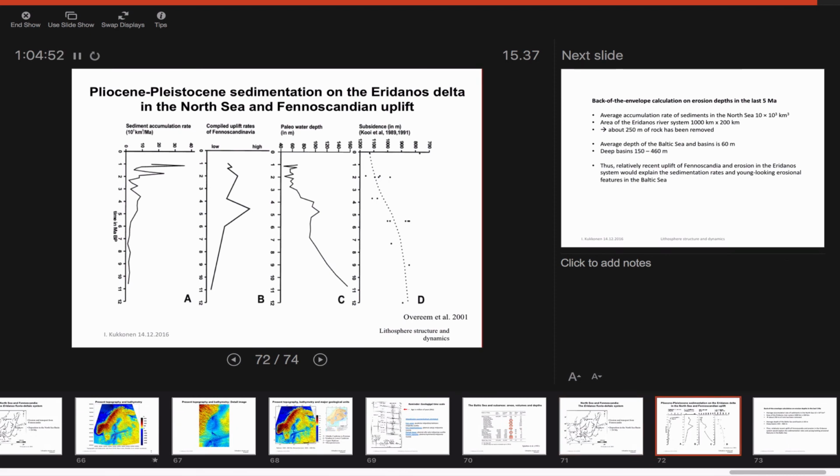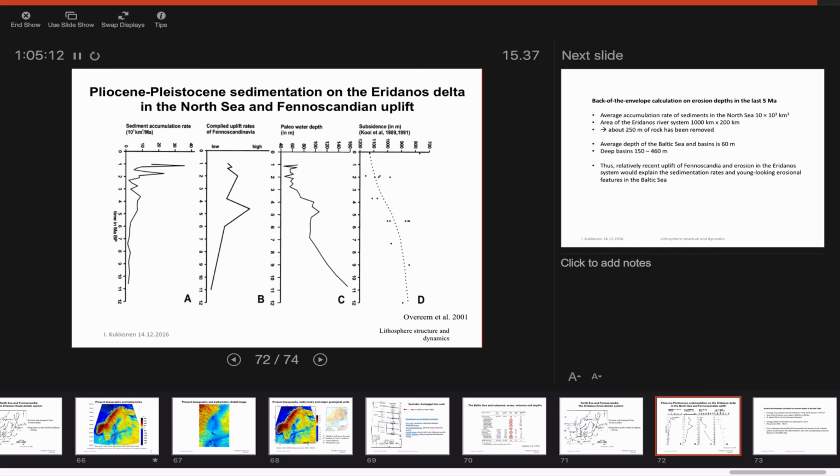There are geological information derived from the drilling data in drilling cross sections. This is data by Uberem and co-workers showing the sediment accumulation rate. The scale here is in millions of years.